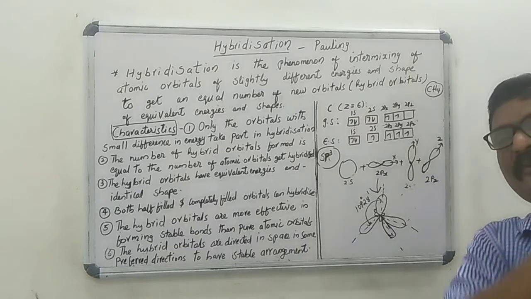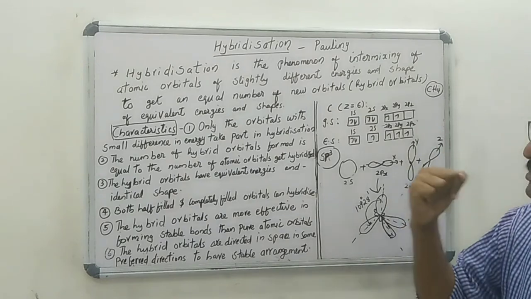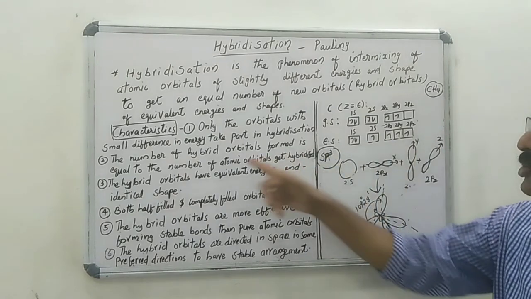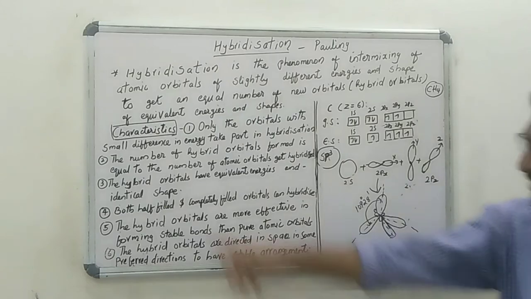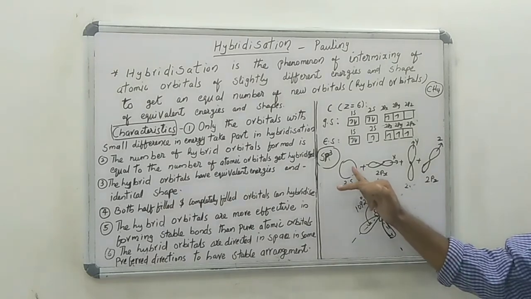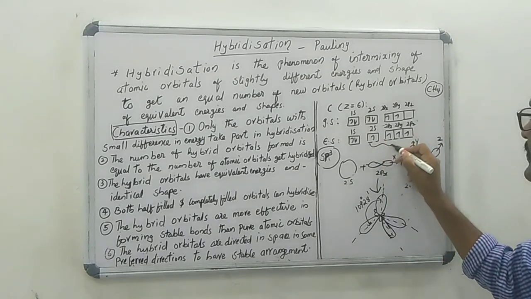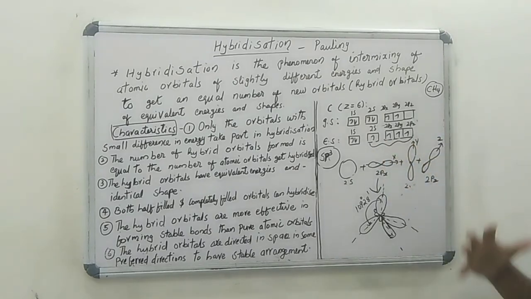Then the second point, please listen, very important. The number of hybrid orbitals formed is equal to the number of atomic orbitals that get hybridized. Please read. Here, 1, 2, 3, 4: these 4 atomic orbitals of carbon get hybridized.